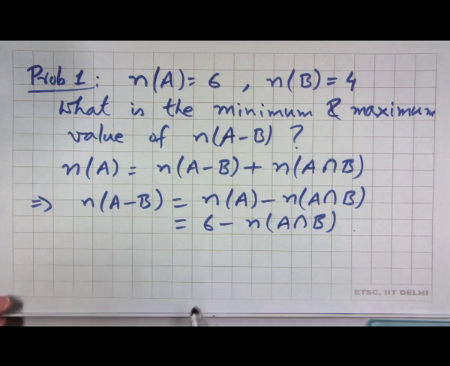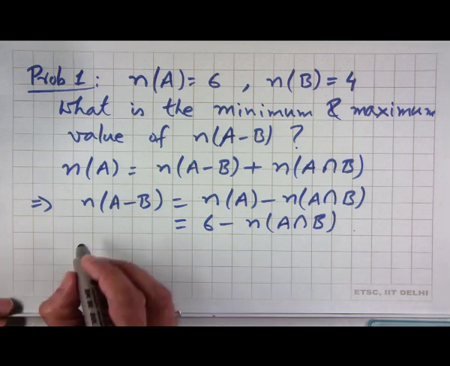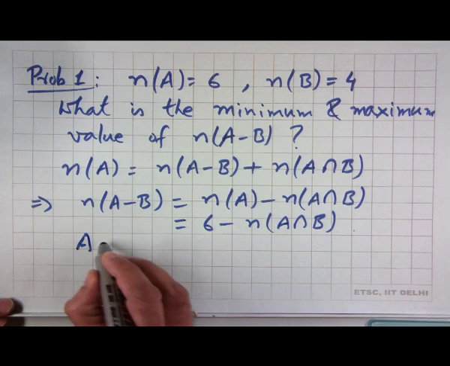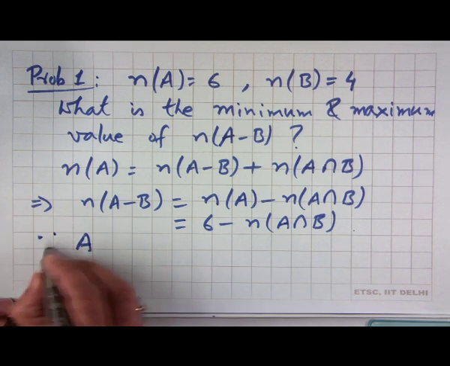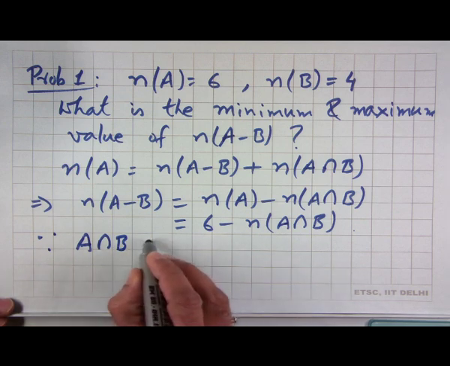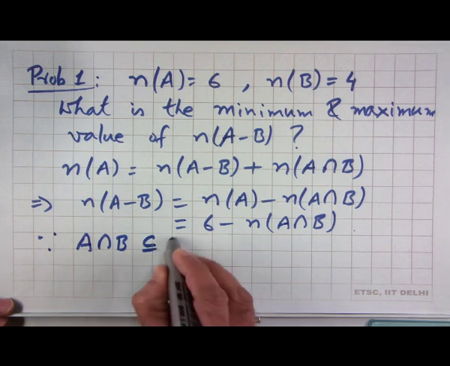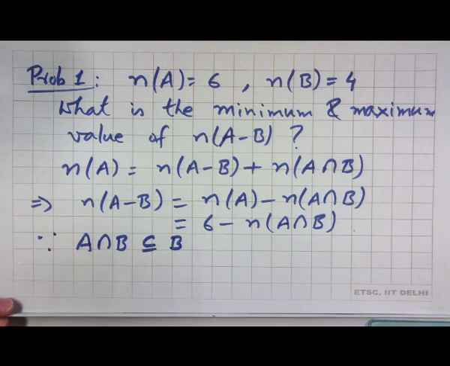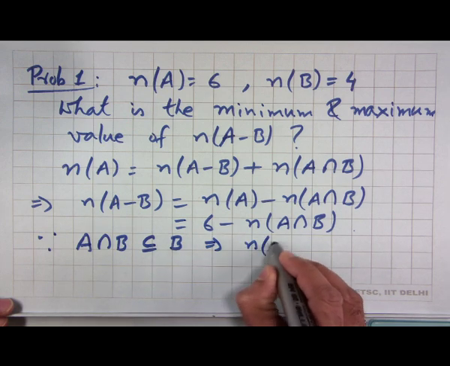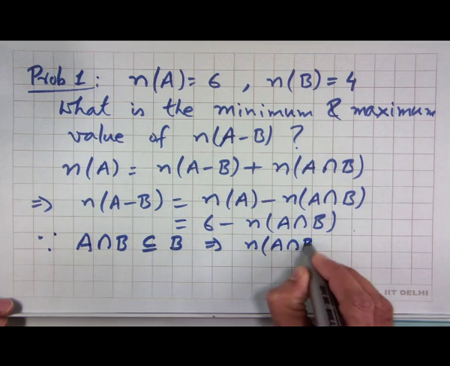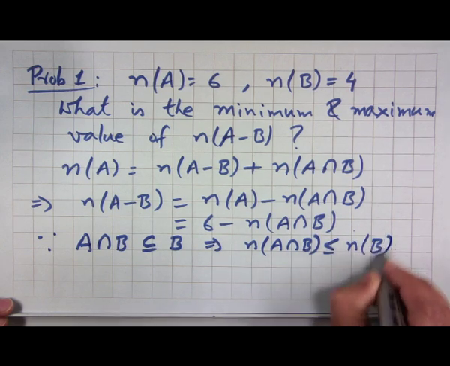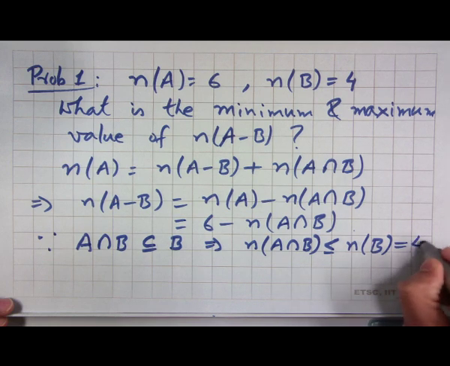So, we know that since A intersection B is a subset of B, this implies that n of A intersection B is less than or equal to n of B, which is given to be equal to 4, right.